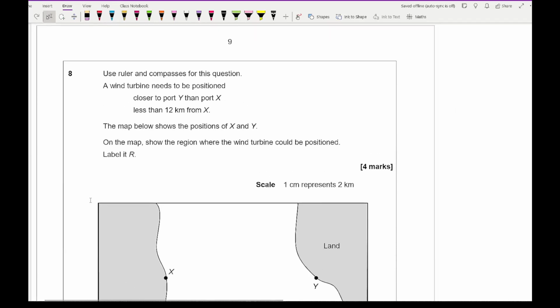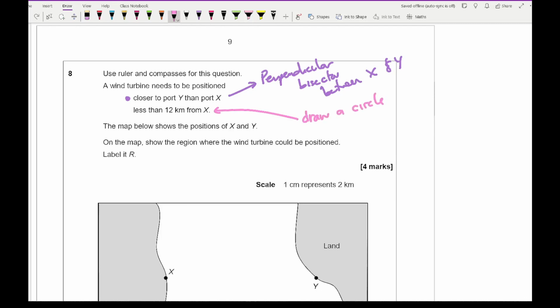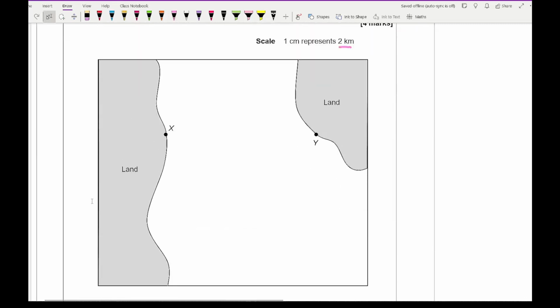A wind turbine needs to be positioned so that it's closer to port Y than port X, and it's less than 12 kilometers from X. For this, I need to do a perpendicular bisector between X and Y. I also need to draw a circle with a radius of, if 1 centimetre represents 2 kilometres and it's got to be 12 kilometres, then a radius of 6 centimetres. Let me talk you through how we do a perpendicular bisector.